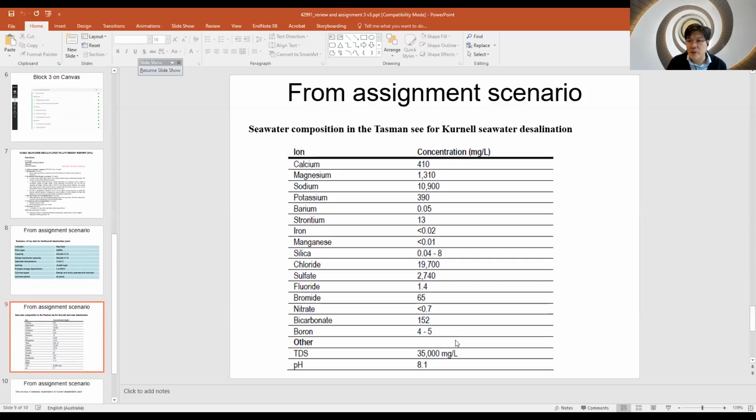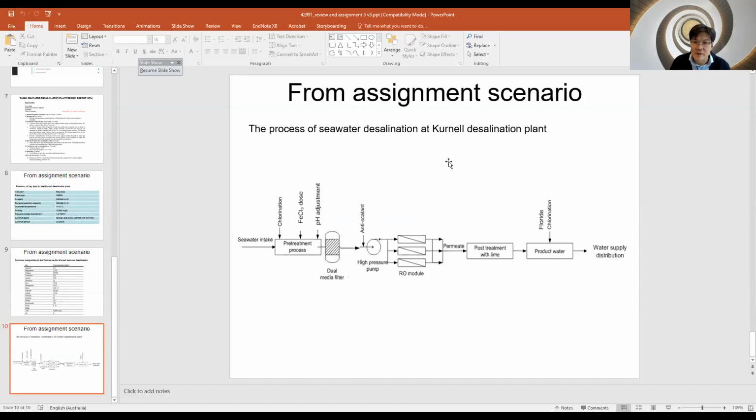Also, in the scenario, you can find the water quality for your desalination plant design. So you can just enter your basic water parameters and try your software.